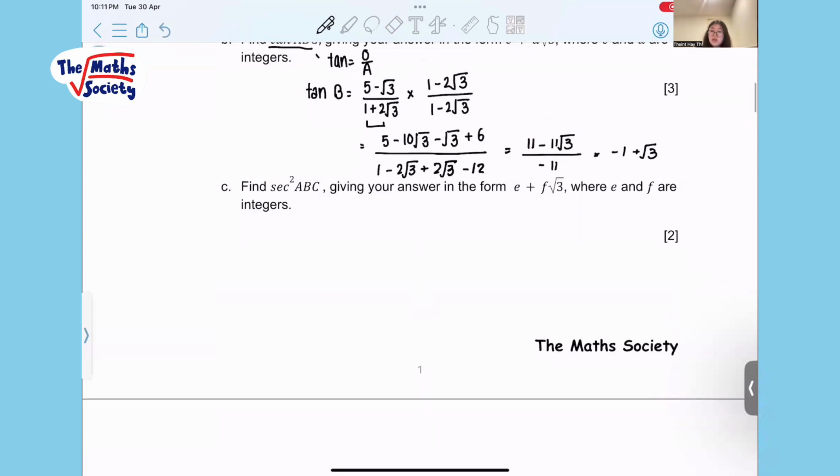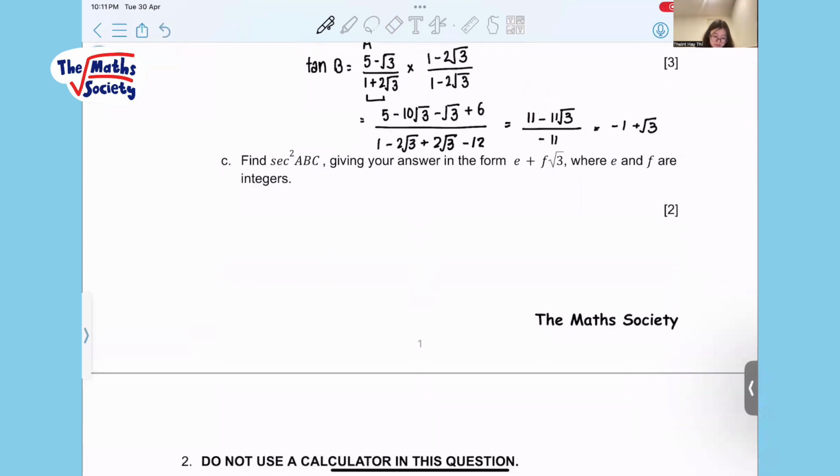Yep. And then find sec square ABC, giving your answer in the form E plus F root 3, where E and F are integers. So make sure that it's in the form E plus F root 3. If it's sec square ABC, we know the rule is that it equals 1 plus tangent square ABC. We know the tangent ABC from the previous question, which is minus 1 plus root 3.